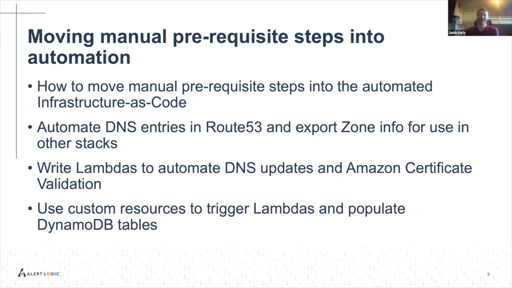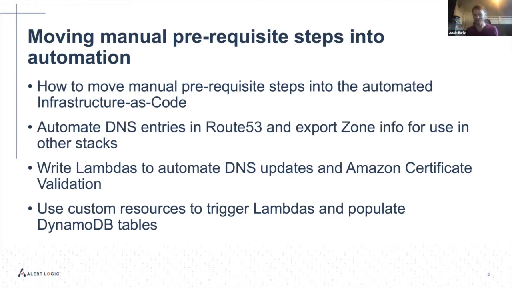So as I was deploying, I realized, well, hey, there's this magical thing called CloudFormation that can automatically do all of this for me. And so I added Route 53 entries into CloudFormation, but we also have a third-party DNS provider that handles our public DNS. And so I thought, hey, they have an API and I can write code.